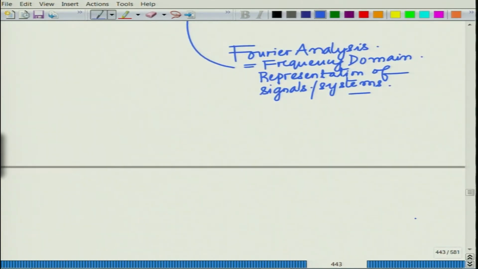Okay. Now, what is the FFT or the DFT? All right.